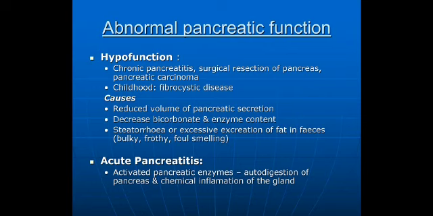Acute pancreatitis is activation of pancreatic enzymes causing autodigestion. If there is a spillover of the enzymes onto the acini, which is the reason the enzymes always flow through the duct, if it leaks, then the whole pancreas will be eaten away. Pancreas means all flesh. Autodigestion of the pancreas and chemical inflammation of the gland.